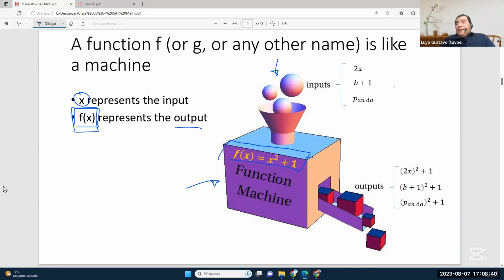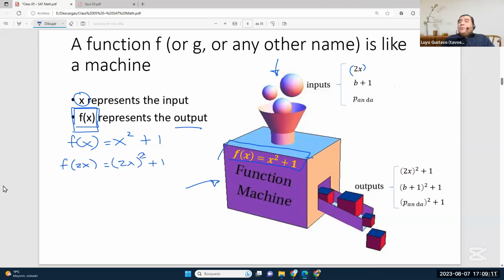For example, if I have this definition, F of X equals X squared plus 1, I can say that my input could be anything. For example, if my input is 2X, wherever X appears, I will replace it with 2X. Why not? X is the same as any other letter. So F of 2X, according to this definition, would be (2X) squared plus 1.